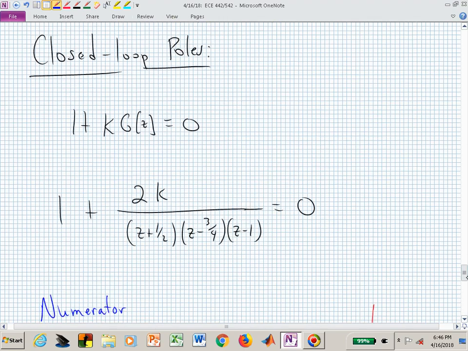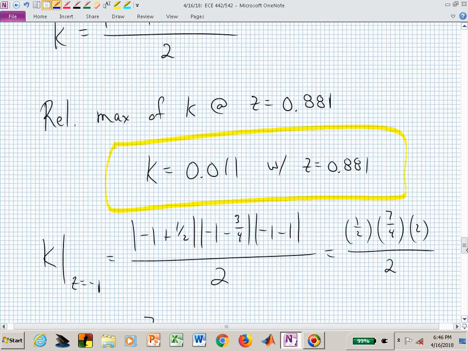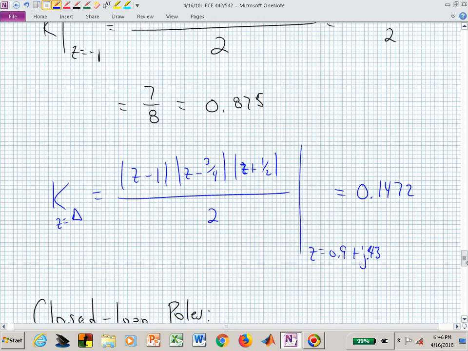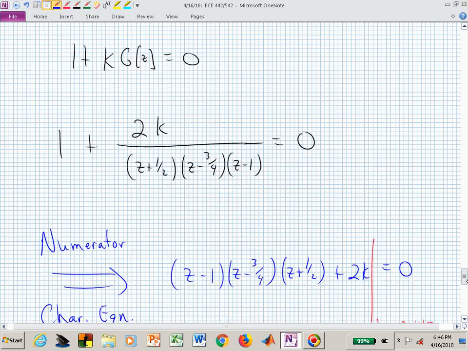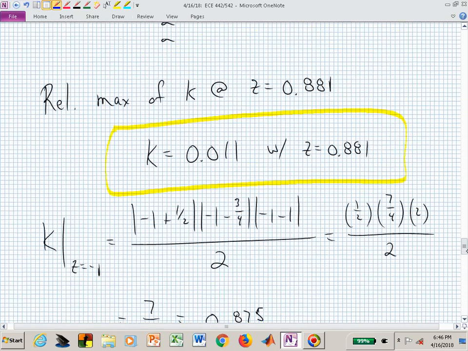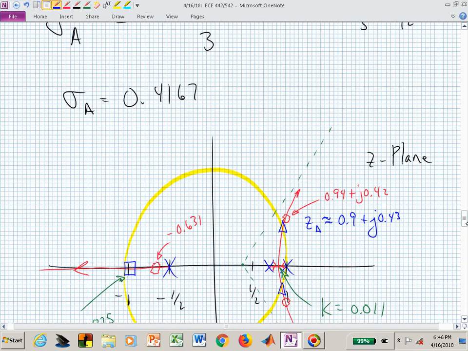Why do I know that? Because I know at a gain of, where was I? 0.14, my pole was at minus 0.63. That's inside 0.881, and I haven't even gotten to that large of a gain to get me to the cloud point, have I? So I know that my dominant pole are the two that are real at 0.881.